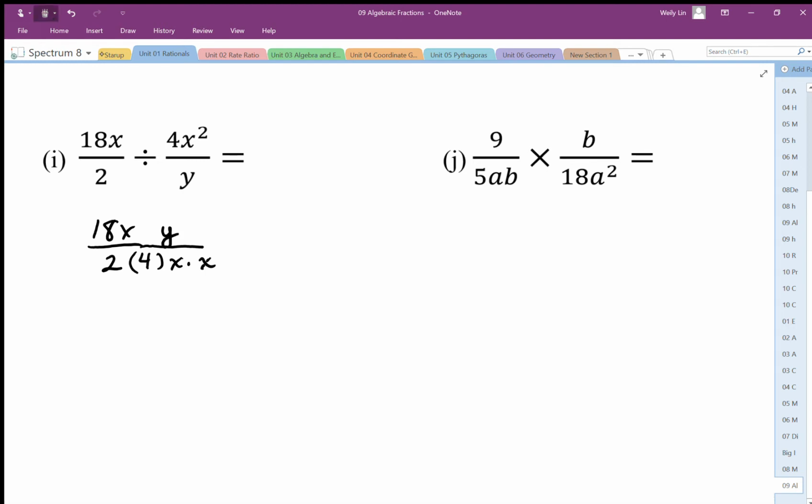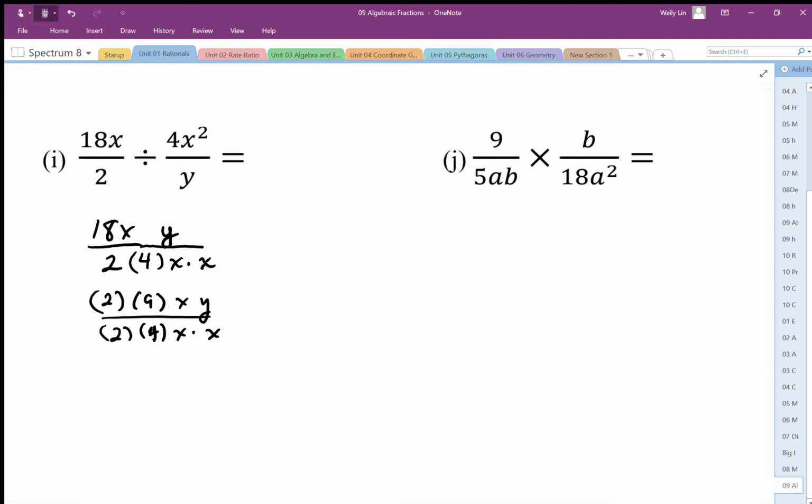Okay, so I'm going to then find common factors here. So here I have a common factor of 2. So I'm going to go 9 times 2 times x times y on top, 2 on bottom, 4 times x times x.